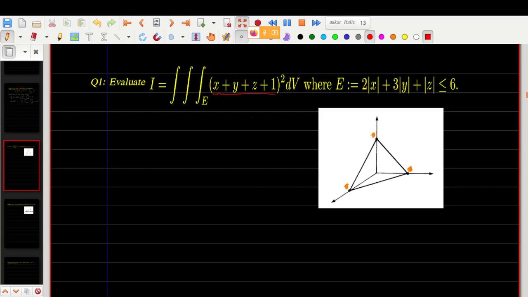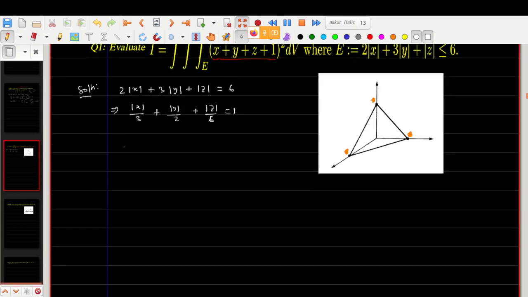If you look at the picture, let me simplify the equation first. That is 2 times mod x plus 3 times mod y plus mod z equals 6, right? Now if you divide by 6, you will get mod x by 3 plus mod y by 2 plus mod z by 6 equals 1. Here there are 8 possible cases.